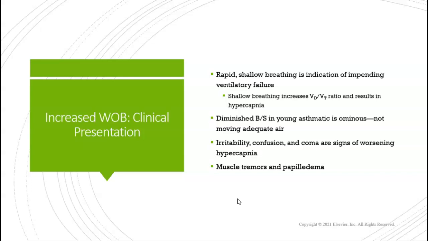Okay, well, now let's say their respiratory rate has gone up to 30, but their tidal volume has decreased to 300. I still have to remove that 150 of anatomical dead space, so now only 150 is getting to alveolar ventilation.